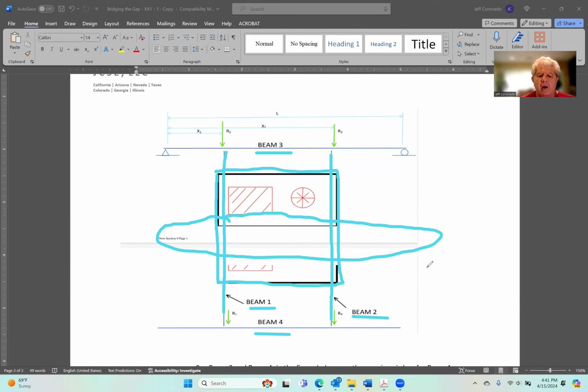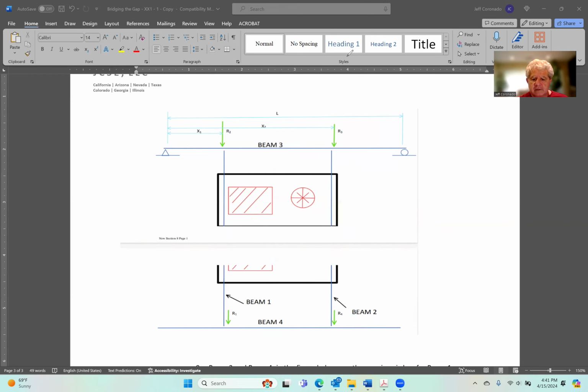And keep in mind how these edges are supported doesn't really matter because all you really care about is that there be a beam, that there be some kind of support at each corner. So whether the beams that support that corner are running in the horizontal direction or in the vertical direction doesn't really matter, right? As long as there is a beam supporting the corner of the mechanical equipment, that's what you care about.